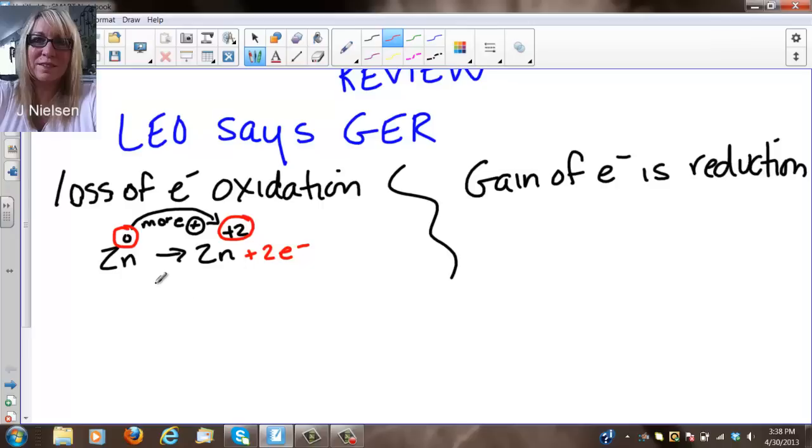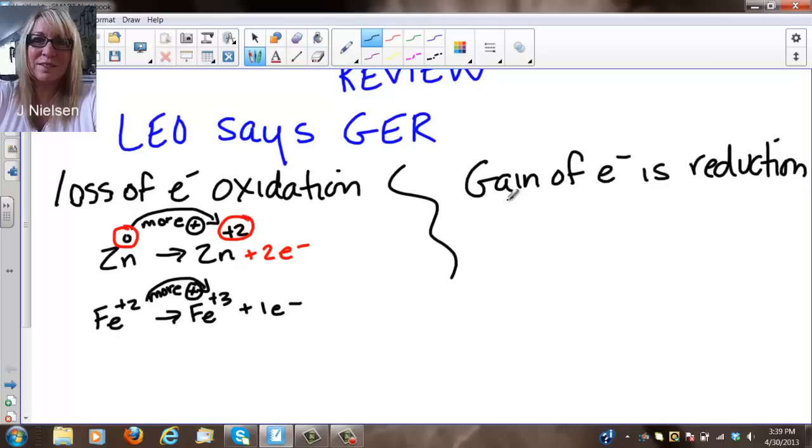Now, it doesn't always have to equal 0. I could go from Fe +2 to Fe +3 plus 1 electron. So a positive 3 and a negative 1 gives me a positive 2, which also gives me a positive 2 on the left. So once again, I am more positive, because when I lose, I become more positive.